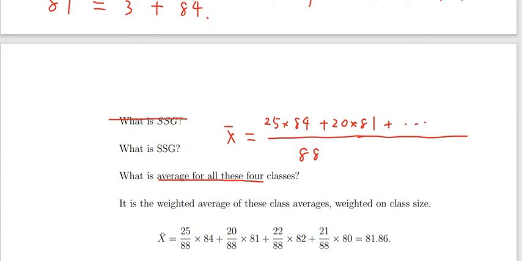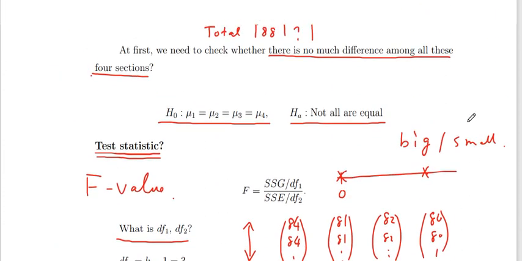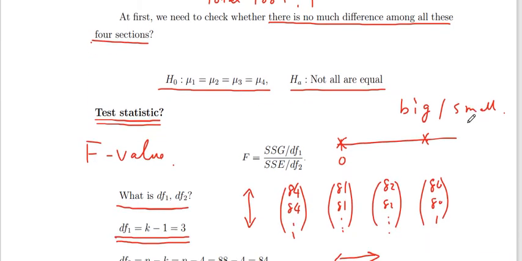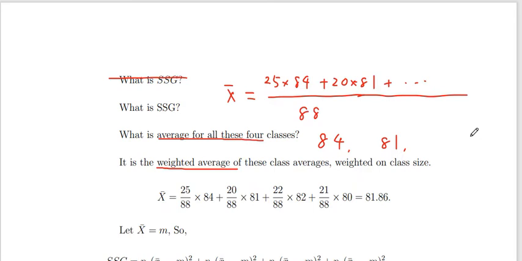We can also understand that this average is just the weighted average of those class averages. So we have averages 84, 81, 82, 80, right? So we have these 4 averages.